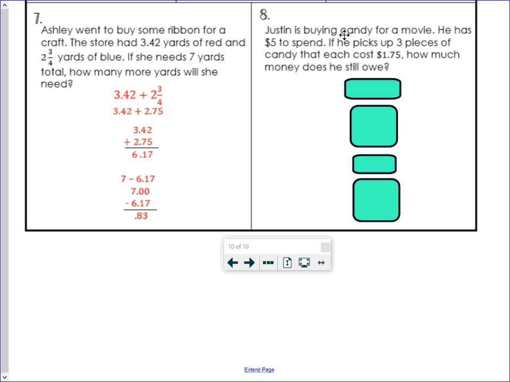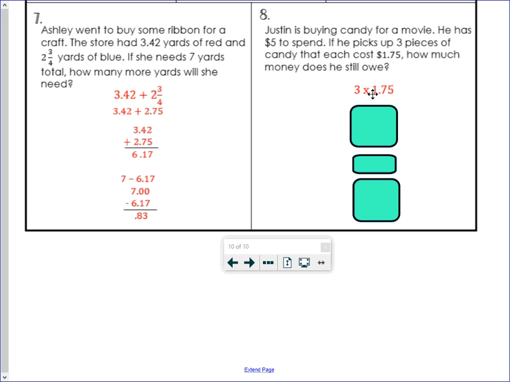Number 8, Justin is buying candy for a movie. He has $5 to spend. If he picks up 3 pieces of candy that each cost $1.75, how much money does he still owe? So it looks like he's going to be short some money, most likely. Otherwise, they probably wouldn't be asking this question. If he owes money, then he's not going to have enough money, right? In order to figure out how much, we're going to do 3 times 1.75.